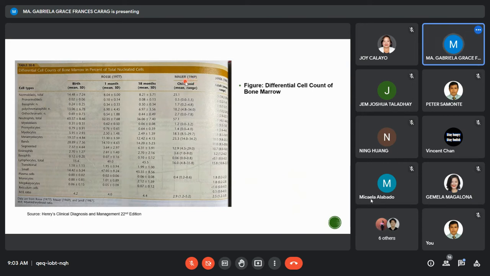As you can see, ma'am, as the age of a person po increases, the ME ratio also decreases po. So in birth po, the ME ratio is 4.2, and then in adult po, the normal ME ratio of a bone marrow is 2.5 po.